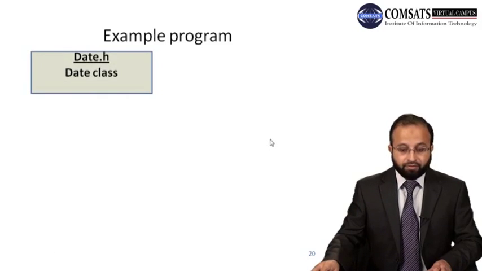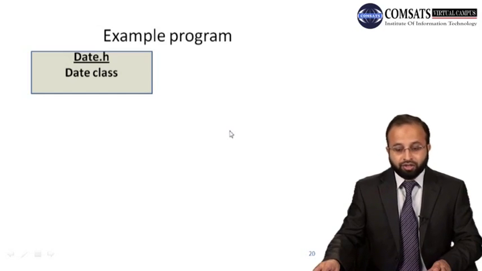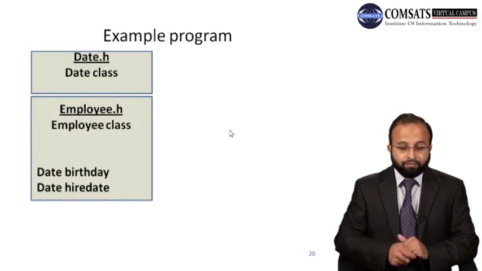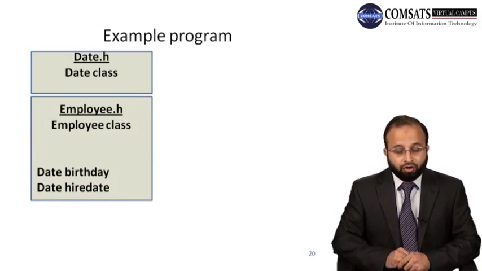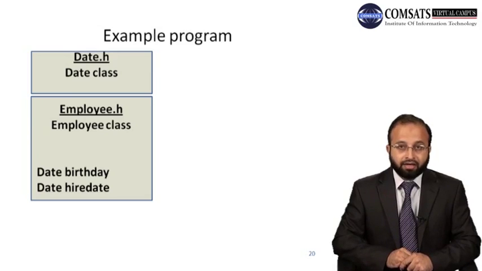Example program. Let's say we have a date class, date.h, and this includes month, day, and year, that is the date, and an employee class that has the employee data and two objects of the date class, the birthday and the hire date.